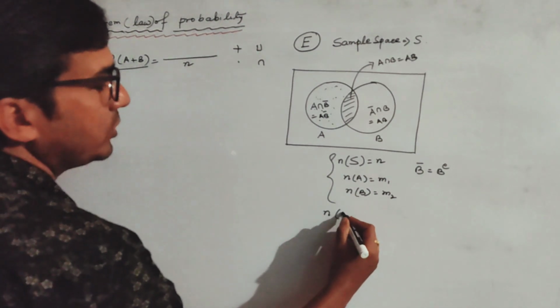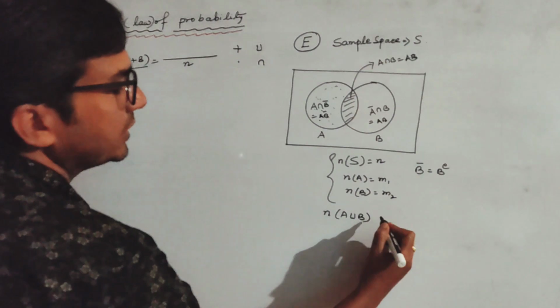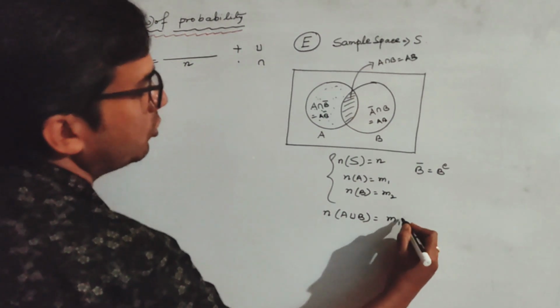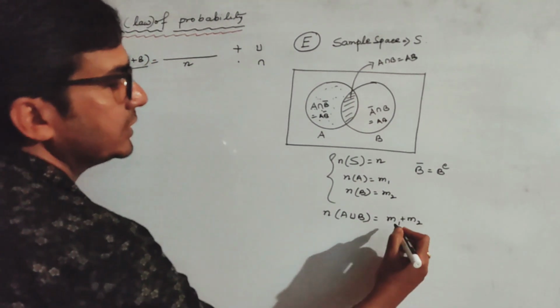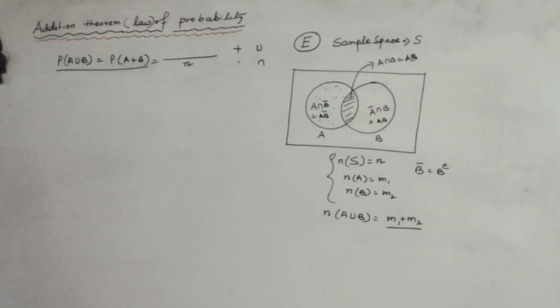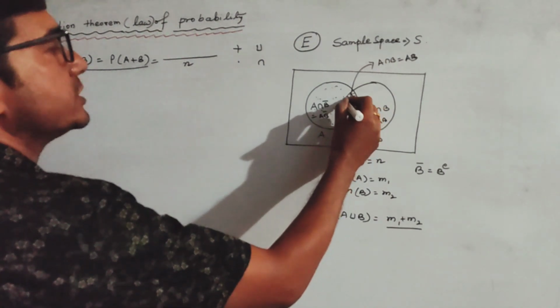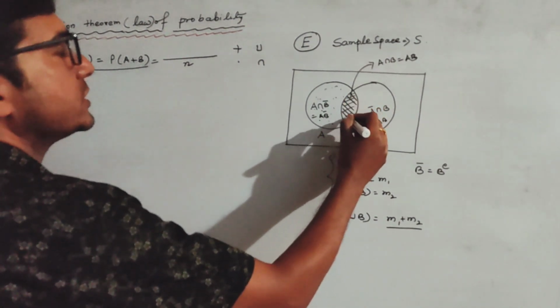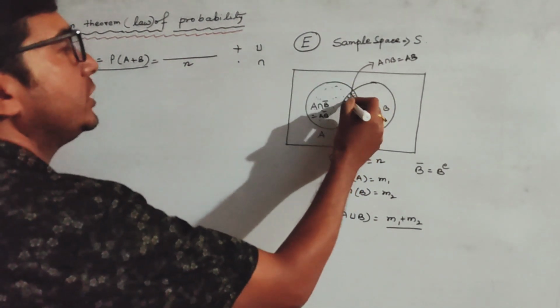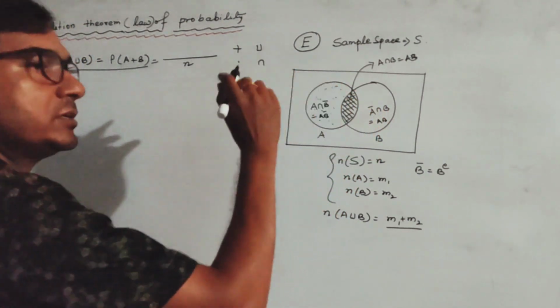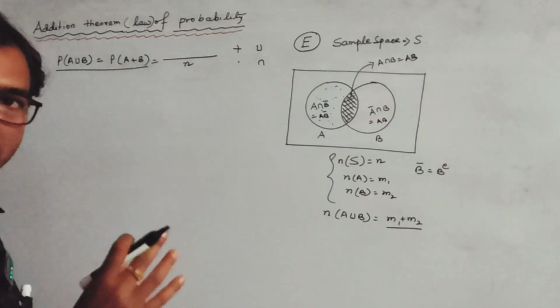But if we let the number of sample points of A union B be equal to M1 plus M2, this is not correct, because there are some points in the common portion. So when we count, we repeat the same points two times.